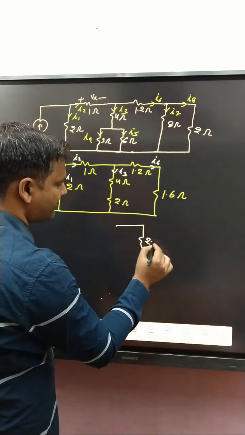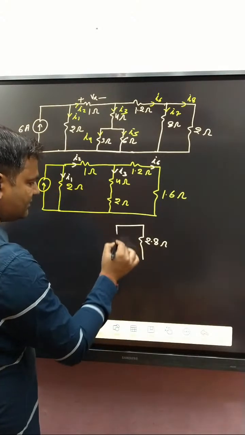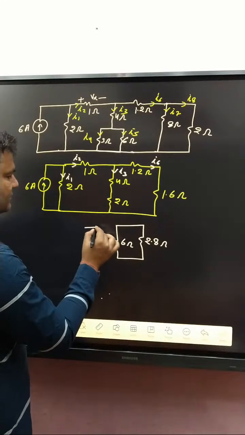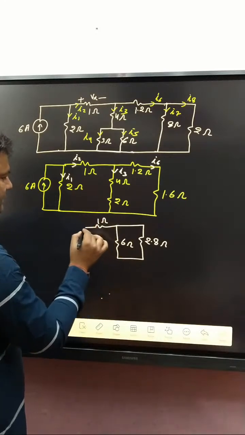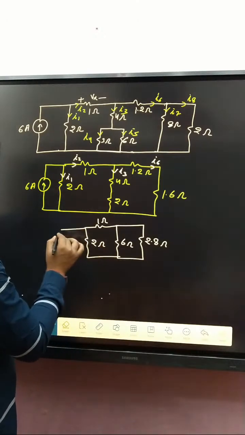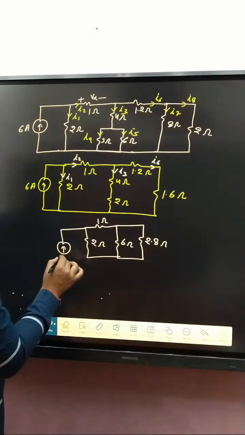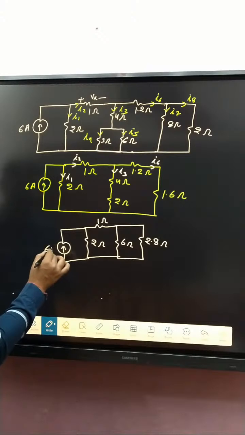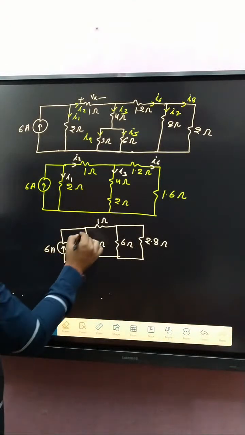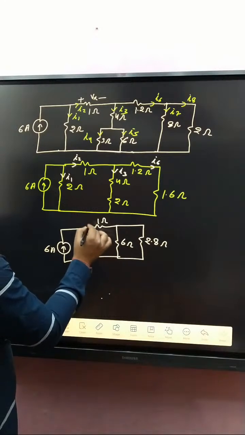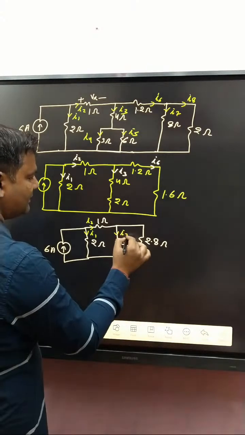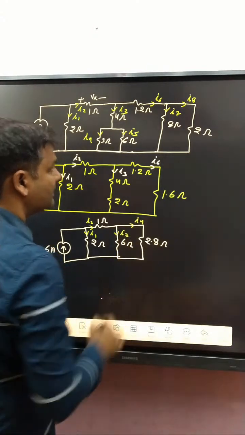And combination of these two, that is 6 ohm, and that is 1 ohm, and that is 2 ohm, and that is 6 ampere. After that, here current I1, here current I2, and here current I3, and here current I4. Clear or not?